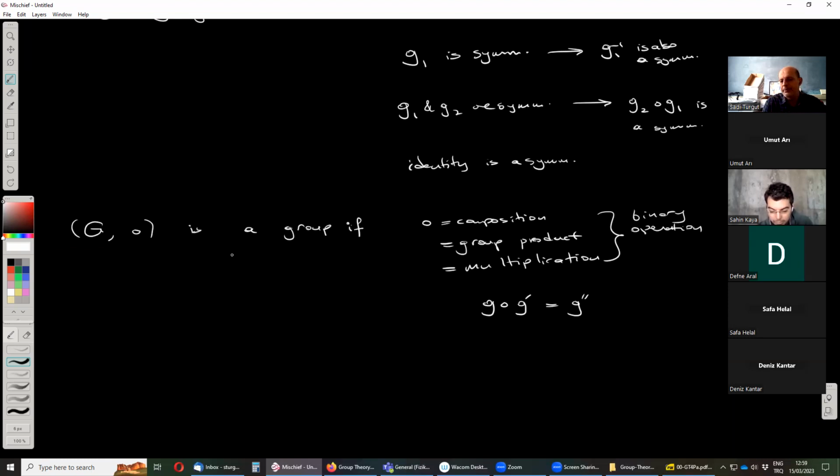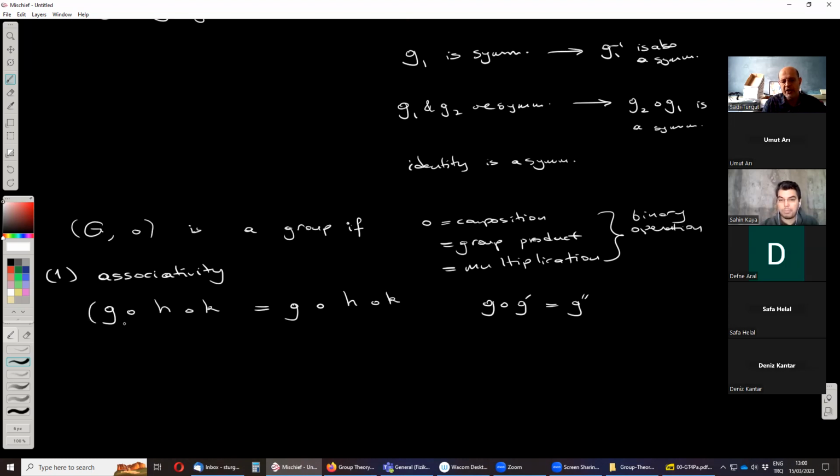In any case, if this binary operation satisfies these properties, right? The first property is that this operation is associative. So that's the associativity. That means if I have G operation with H, operation with K, for example, the two operations between three elements, which operation should I start first?